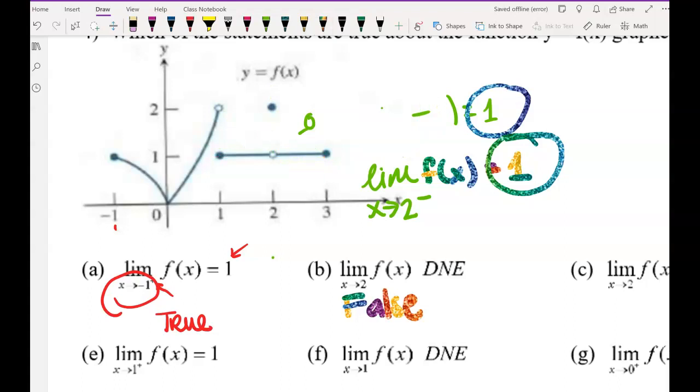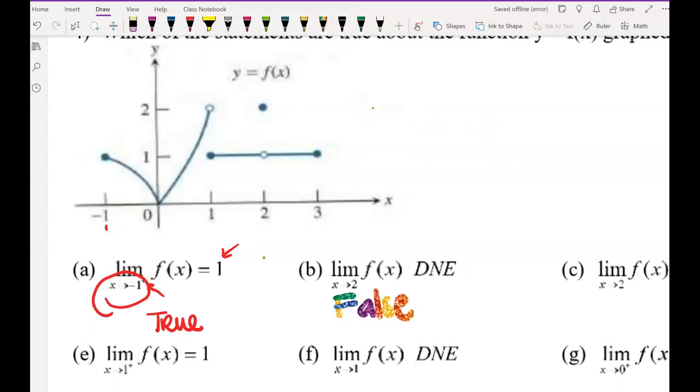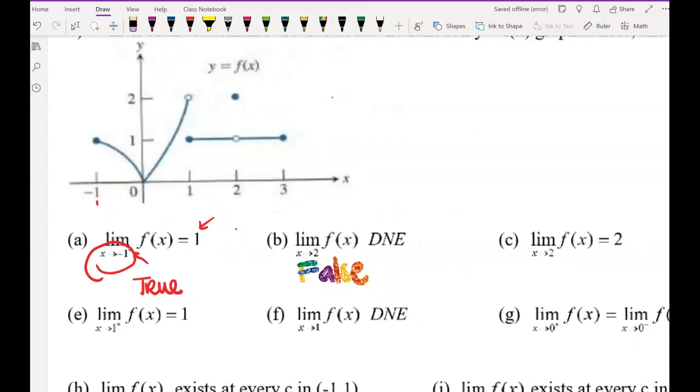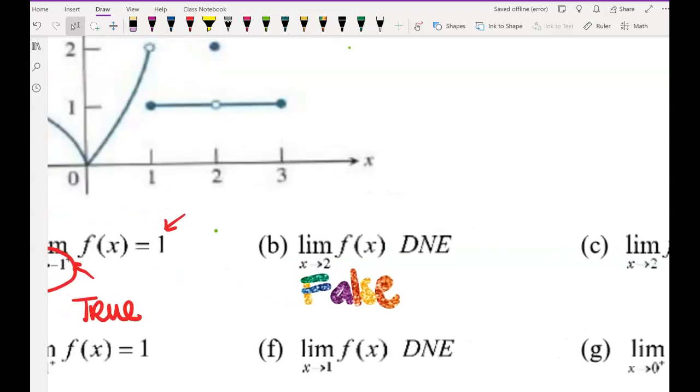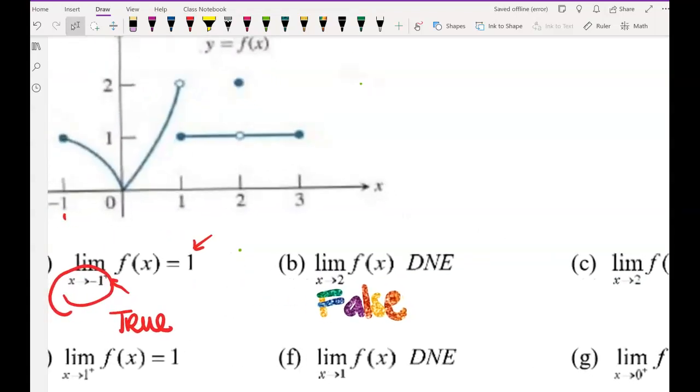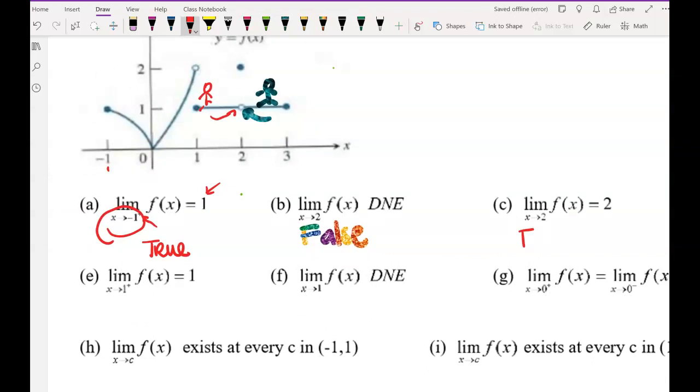I'm going to erase before I start the next one. C says, true or false, the limit as x approaches 2 of this function is 2. Well, clearly we just wrote down that the limit from the right side is 1, and the left side, again standing on the left side going towards that location, is 1. So that's also false. What is DNE? I hope you're listening.